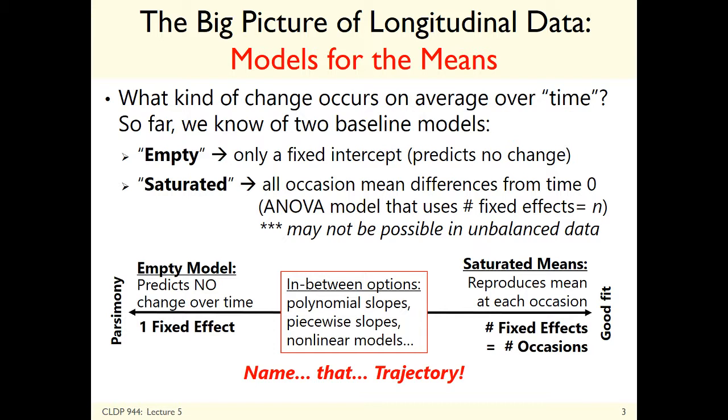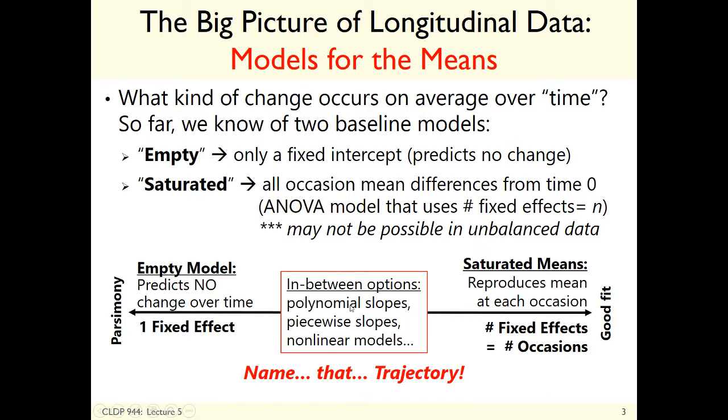So our goal is to talk about a trajectory. It's to find a model that captures those individual saturated means, to draw a line through them that fits not worse than those saturated means, but describes the pattern they get at. That's what we're going for.